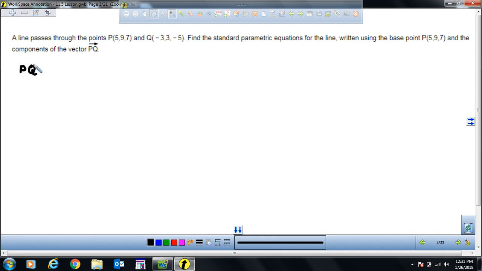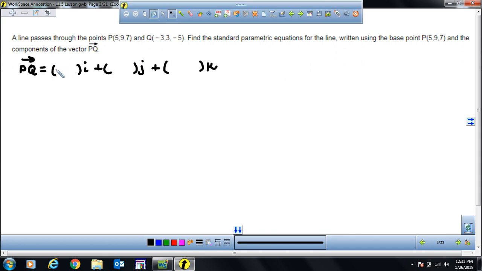First of all, we need to find that vector PQ. To find it, we subtract the x components, the y components, and the z components, and write it in terms of i, j, and k. It's going in the direction of Q, so it would be Q minus P. So -3 minus 5 for the first one, then the y components, 3 minus 9, and the last component would be -5 minus 7.